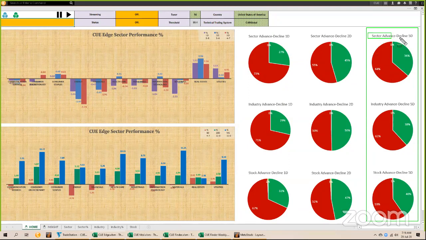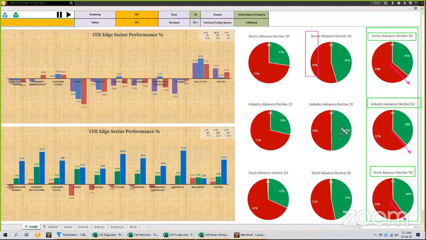Whether we looked at the sector advance decline or industry or stock, that time the 5-day picture was balanced. Now it is slightly more bearish, about 60% bearish, whether we are looking at sectors, industries, or stocks.